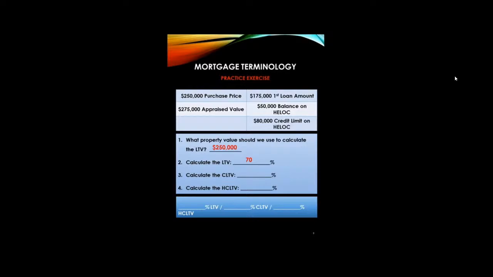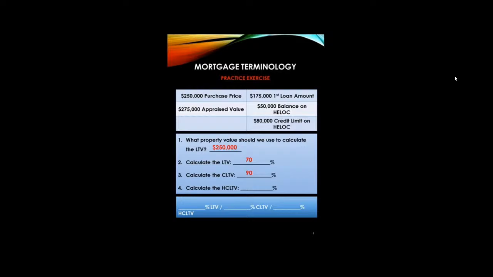Now it should be getting a little easier because we did one round of these already. Calculate the CLTV. The answer you should get is 90%. The CLTV takes the 175 plus the 50, adds them together, and divides by the 250 purchase price.